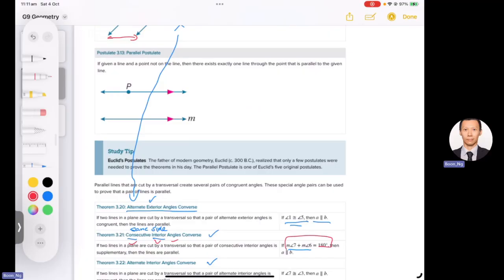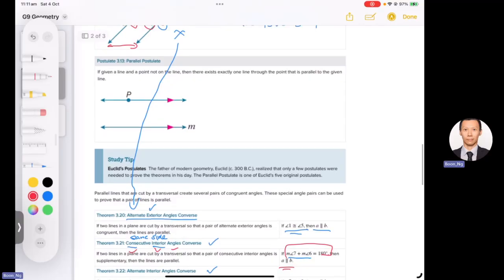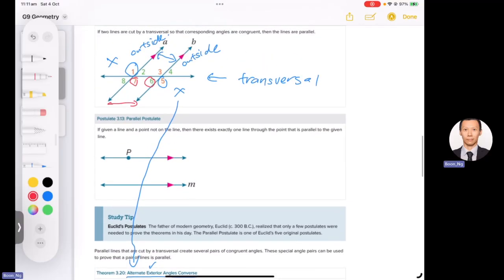If they add up to 180, then we can say line A and B are parallel.